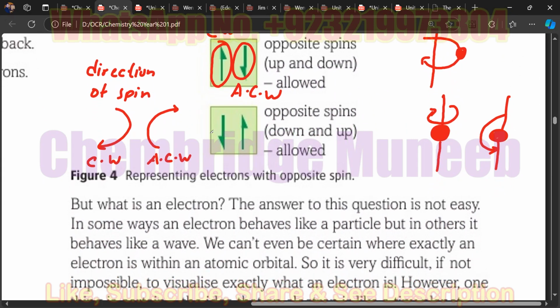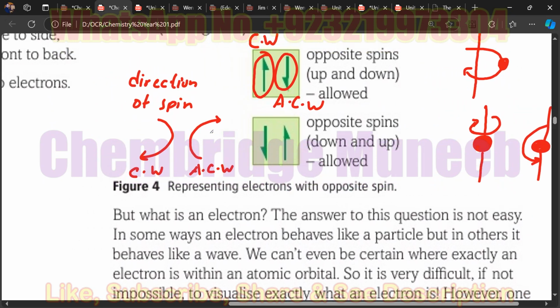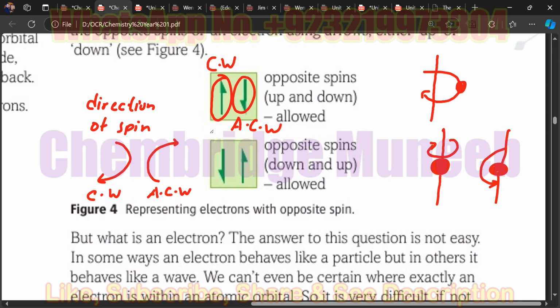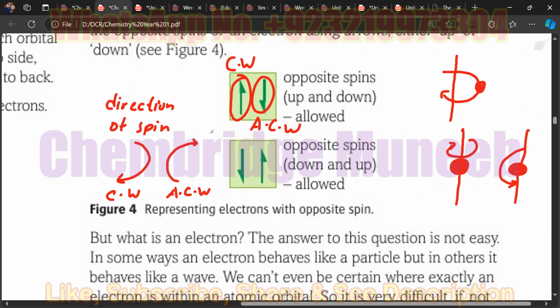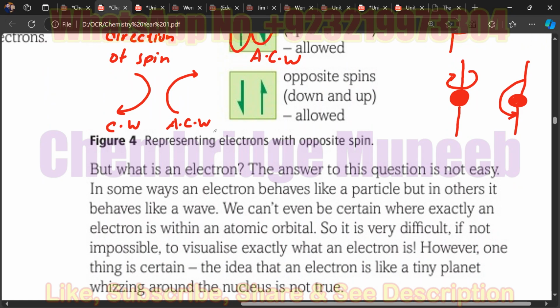Since any orbital can contain a maximum of 2 electrons, the electrons cannot spin with the same direction. They have to spin with opposite directions. Only then can the repulsion between the electrons be minimized. Both electrons carry a negative charge, so there will definitely be repulsion between them.